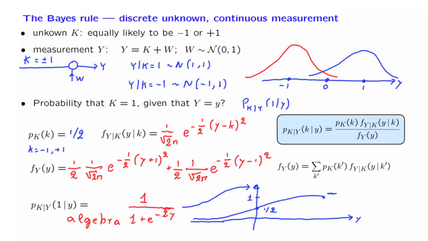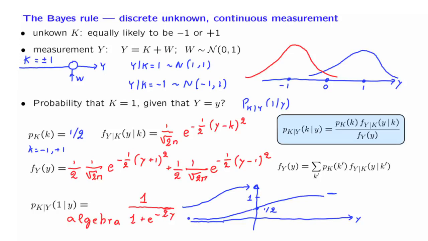Let us interpret this plot. If y is very large, it is much more likely that y is coming out of this distribution, so that k is equal to 1. So the probability that k is equal to 1, if we obtain this observation, is almost 1. We have almost certainty. If, on the other hand, y is very, very negative, then it is much more likely that what we're seeing is coming from this distribution, so that k is equal to -1.